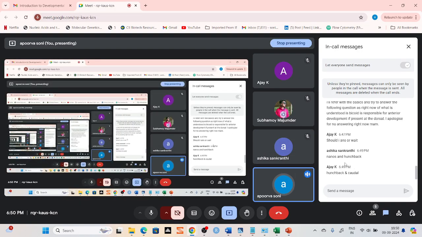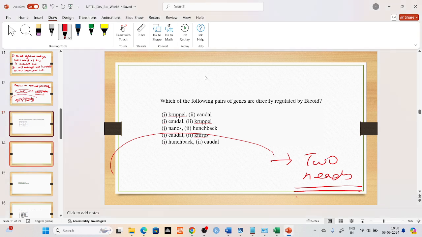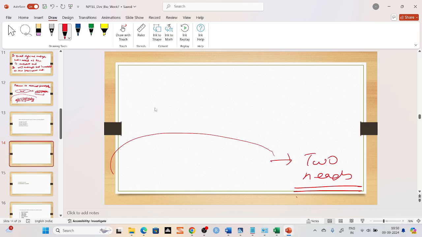So, Ajay, okay, nanos and hunchback, and Ajay has answered hunchback and caudal. Which of the following pairs of genes are directly regulated by bicoid? I'll just tell you again about bicoid.